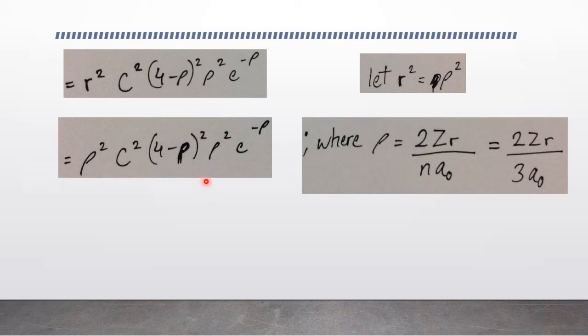Now rho can be expanded, which is equal to 2Zr over n times alpha sub 0, where Z is the atomic number, r is the radius, n is the quantum number, and alpha sub 0 is the Bohr radius. Because n is equal to 3, we substitute n with 3. However, we will not substitute rho with this yet, so it will be easier to solve; we will use this equation later, towards the end of the solving.